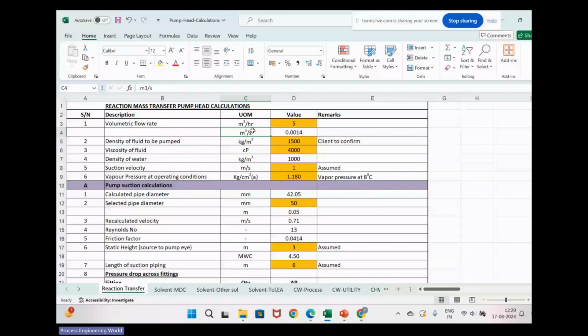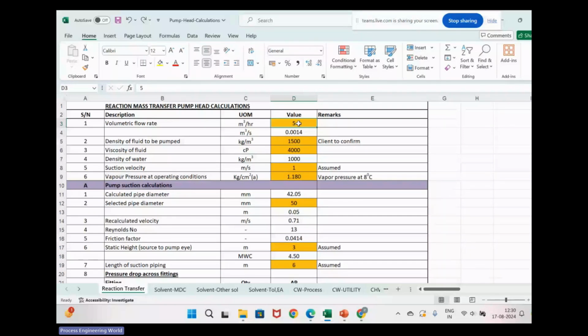If I said you have 5000 liter per hour volumetric flow rate, I have seen many engineers take 5000 directly and write it as meter cube per hour. This is not correct. You always need to convert your units into SI form.